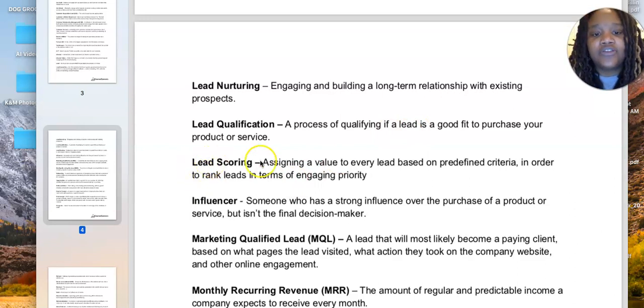And then we have lead scoring, which is assigning a value to every lead based off predefined criteria in order to rank leads in terms of engaging priority. So this is true, we do the same thing at the company I work for. Depending on what kind of leads we get, for example, we'll get some leads that have a huge website.